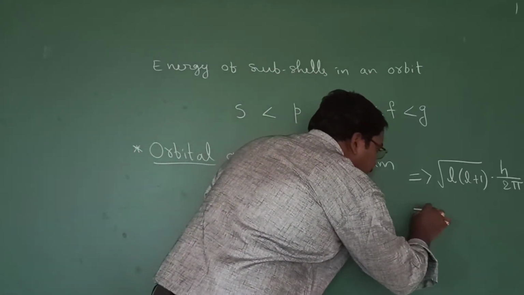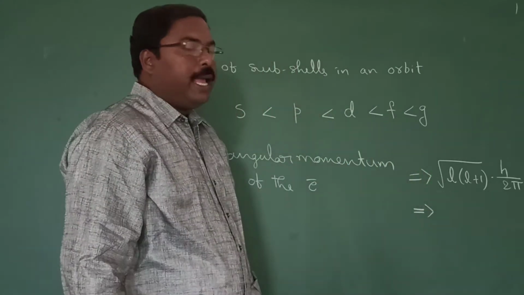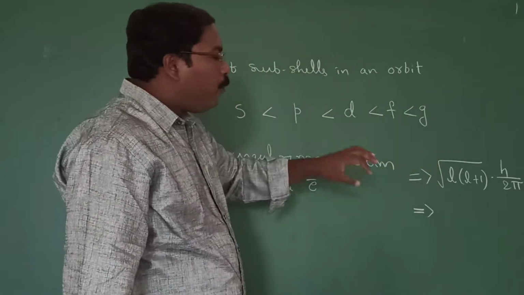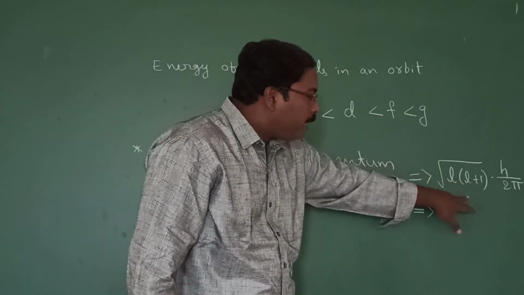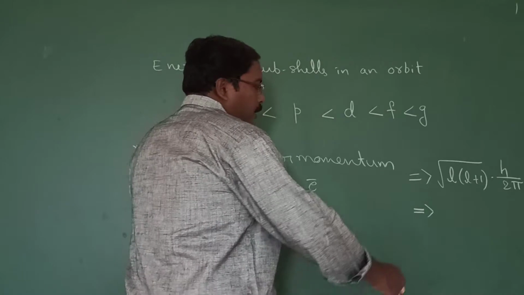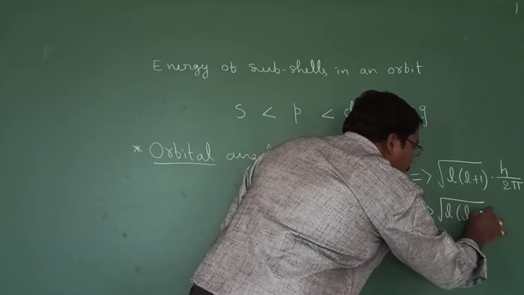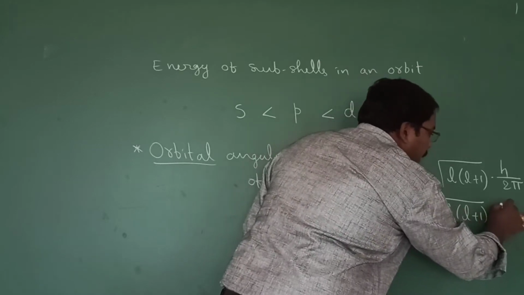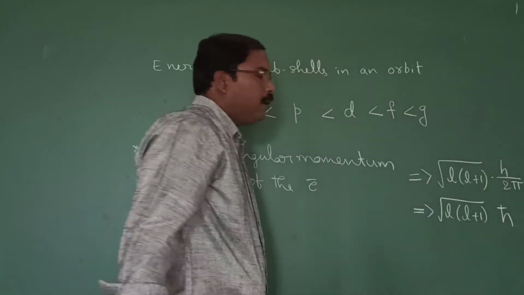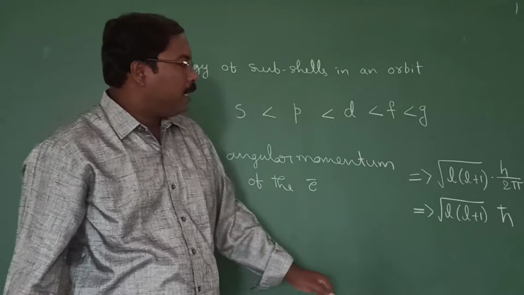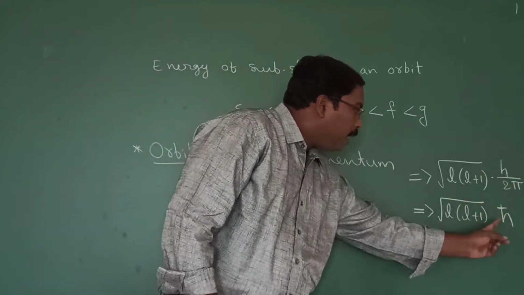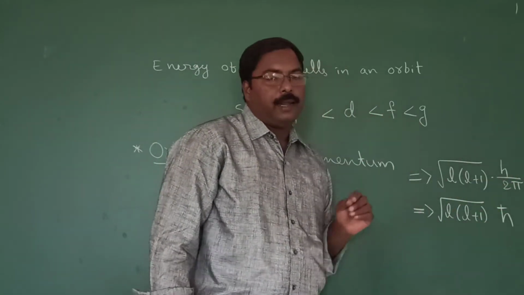In the examinations, sometimes instead of giving the formula for orbital angular momentum in this manner, in competitive exams they give it like this. Okay? So don't get confused by that. H by 2 pi can be represented with this sign.